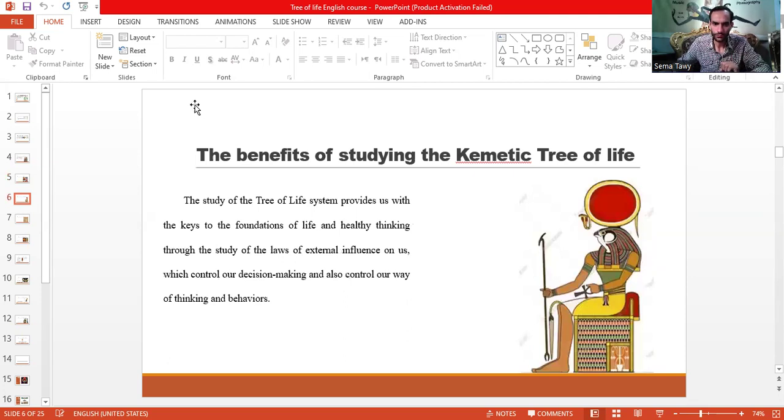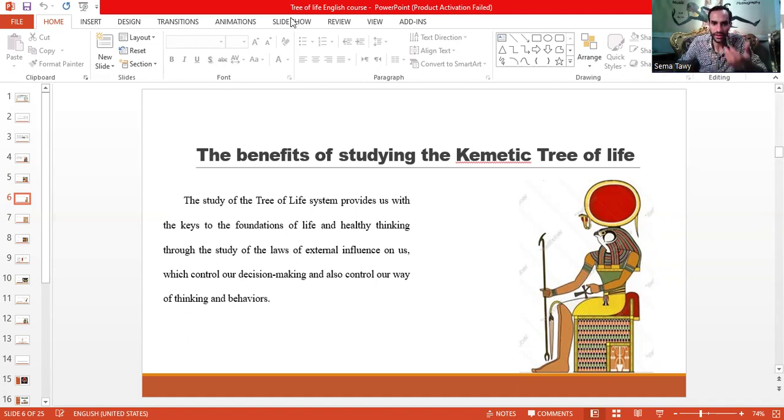Also, studying the Tree of Life system provides us with the keys to the foundation of life and health: how we can make the foundation of our life, how we can make rooting of the physical world and physical needs, how we can reach a healthy style in our life, how we can make a good way of thinking, positive thinking, through the study of the laws of external influence on us.